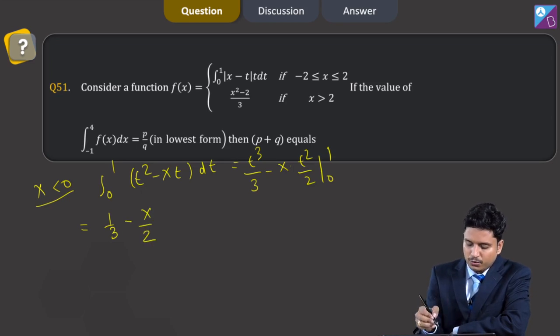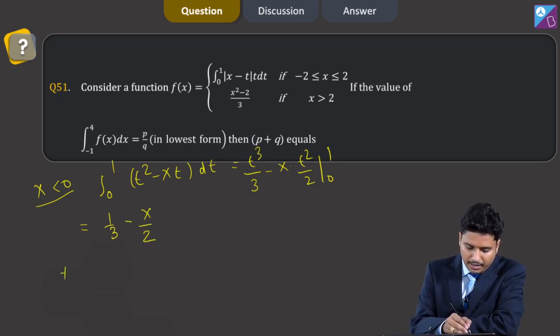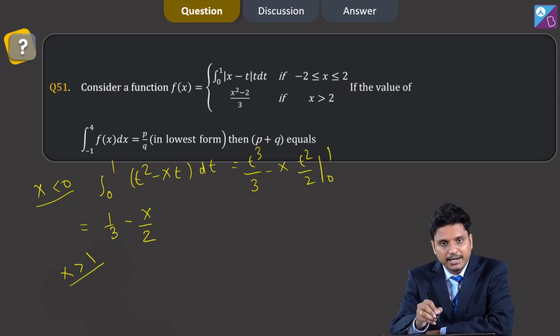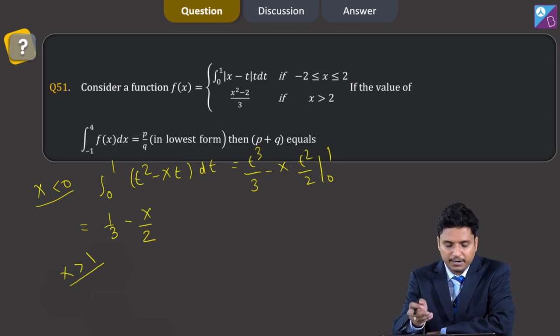If we are going from x greater than 1, suppose if we consider x greater than 1, what will be the situation? In that case, as t is moving from 0 to 1, x minus t, x is something greater than 1 and t is moving from 0 to 1, in that case obviously x minus t is going to be a positive quantity. That means mod of x minus t will be equal to x minus t itself.